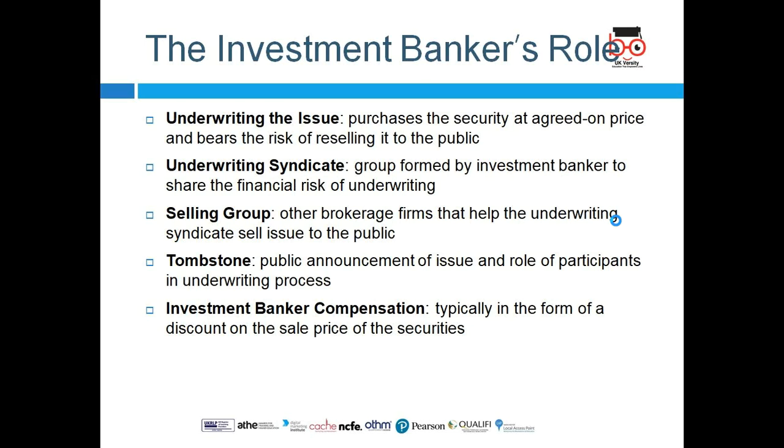Selling group: other broker firms that help the underwriting syndicate to sell the issue to the public. Public announcement to issue the role of participants in the underwriting process, and investment bankers' compensation typically in the form of a discount on the sale price. What do you think? Can we normally sell less than the face value or more than the face value?